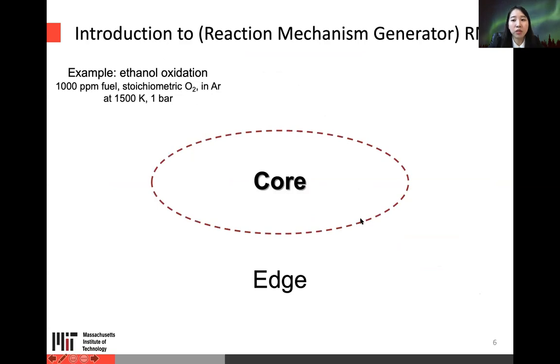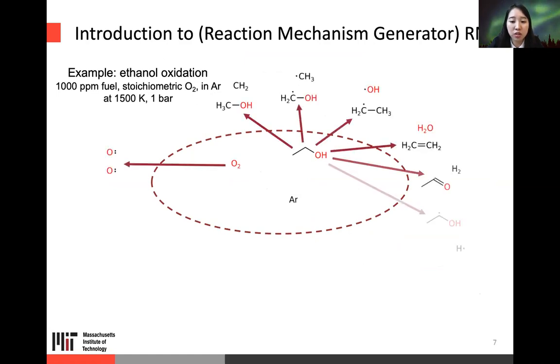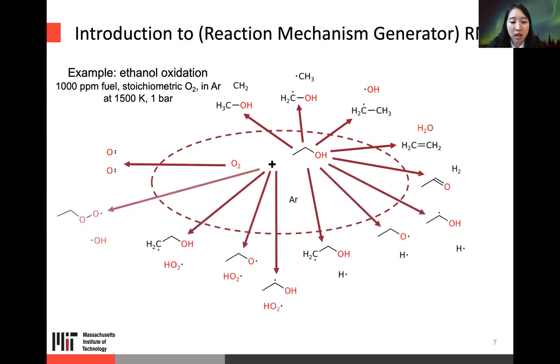So here I'm going to show an example of ethanol oxidation. The starting species will be put into core, and then they will react together to form some new species and new reactions. And all the new species will be placed in edge.